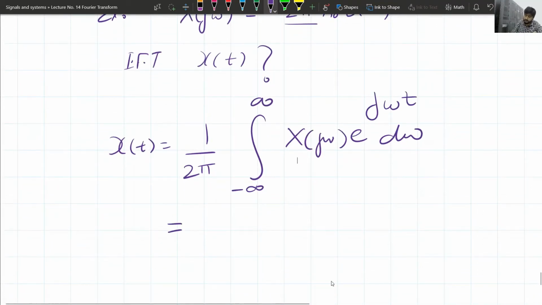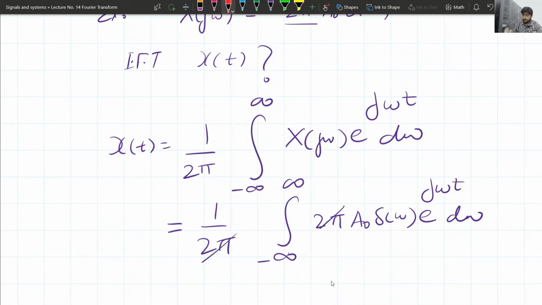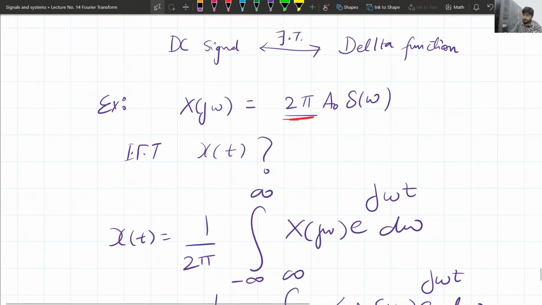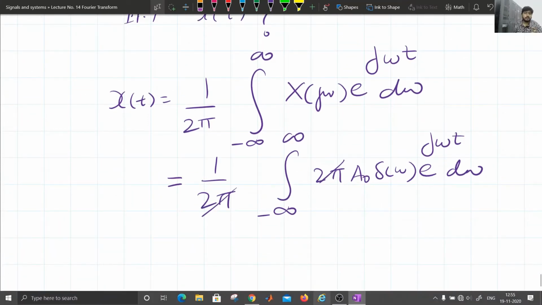Now its value is 1 upon 2 pi integral from minus infinity to infinity of 2 pi A naught del omega e to the power j omega t d omega. Now we can cancel out 2 pi. That is the purpose that we have taken 2 pi here, just to cancel out the 2 pi term in the denominator of the inverse Fourier transform.